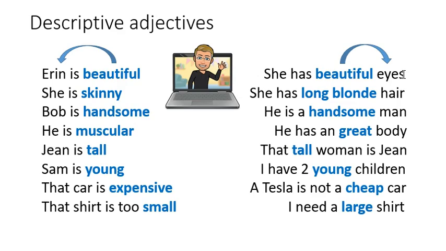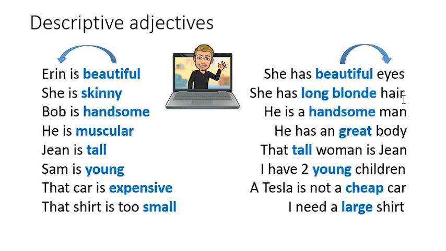So, here, notice that the word eyes is plural, and the adjective beautiful is singular. In English, adjectives will not vary, will not change, will not have a plural form. Adjectives are always singular, no matter if the object they describe is singular or plural.